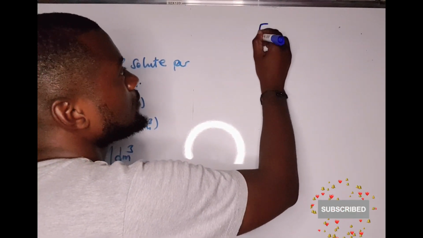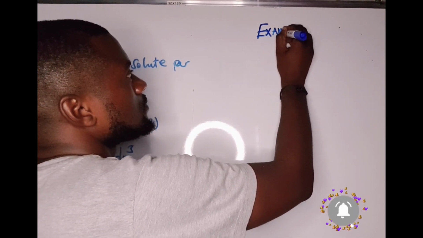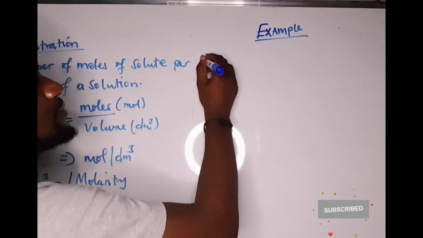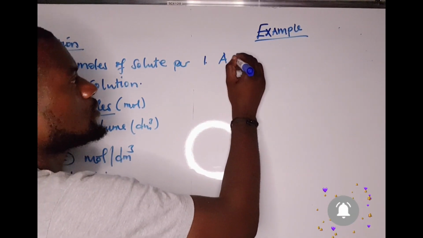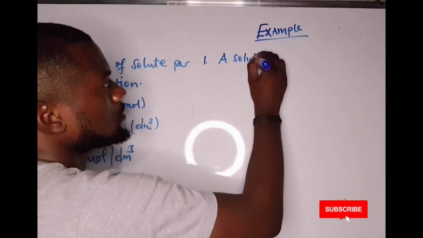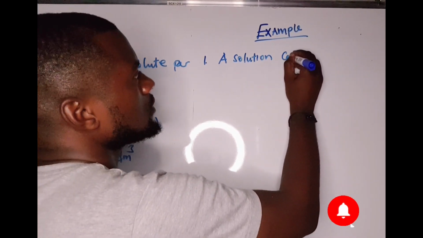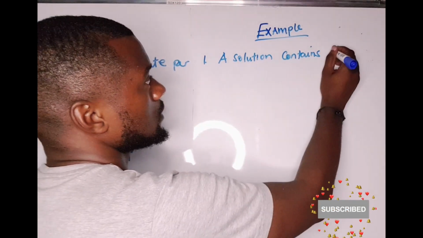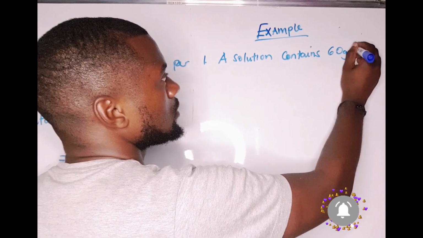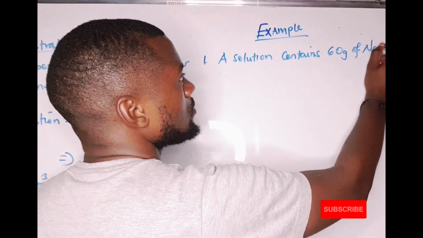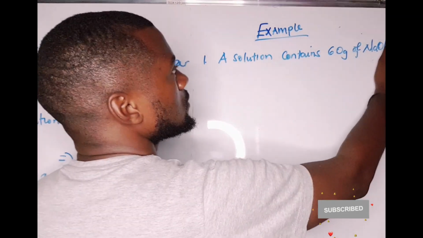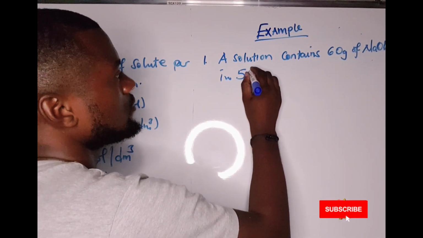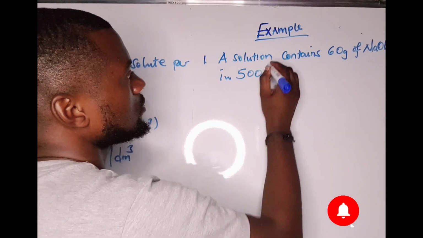Okay, example. Let's say a solution contains 60 grams of sodium hydroxide in 500 cubic centimeters.